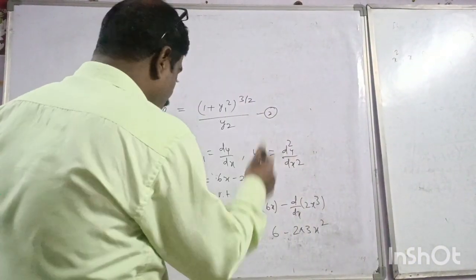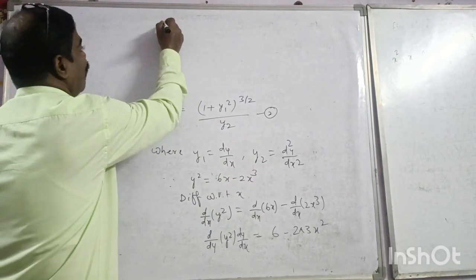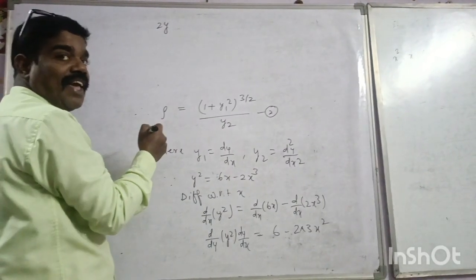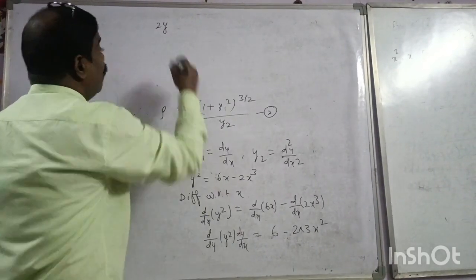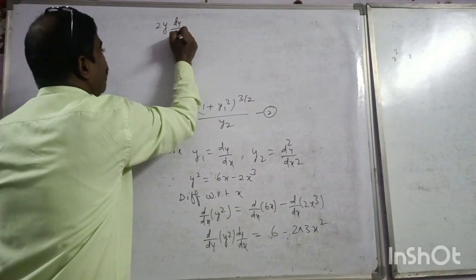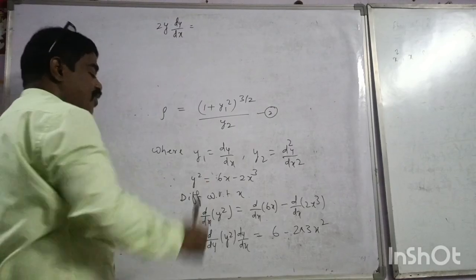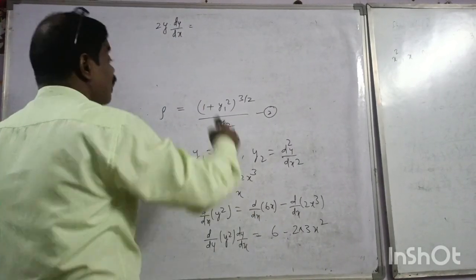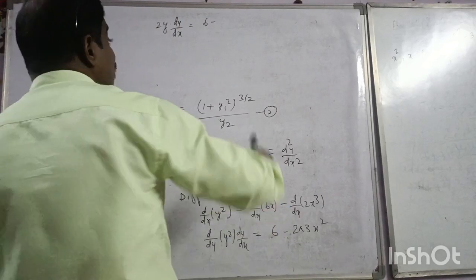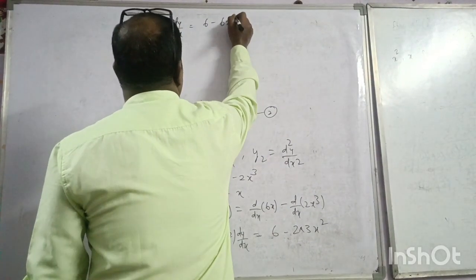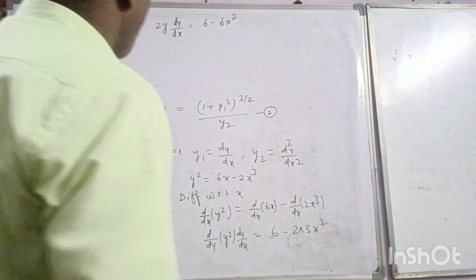So what are we getting? Derivative of y square is 2y. Fine. 2y into dy by dx is equal to 6 minus x square. Are you getting my point?